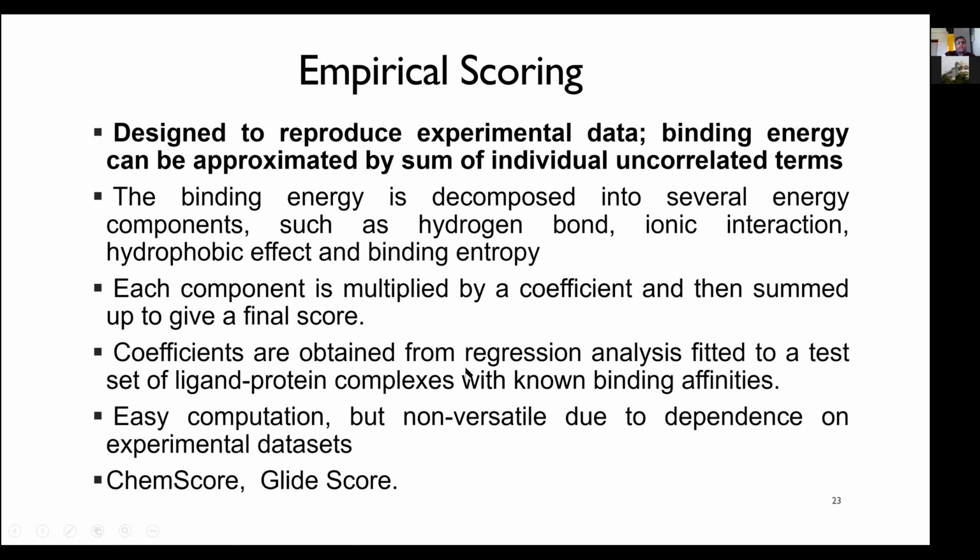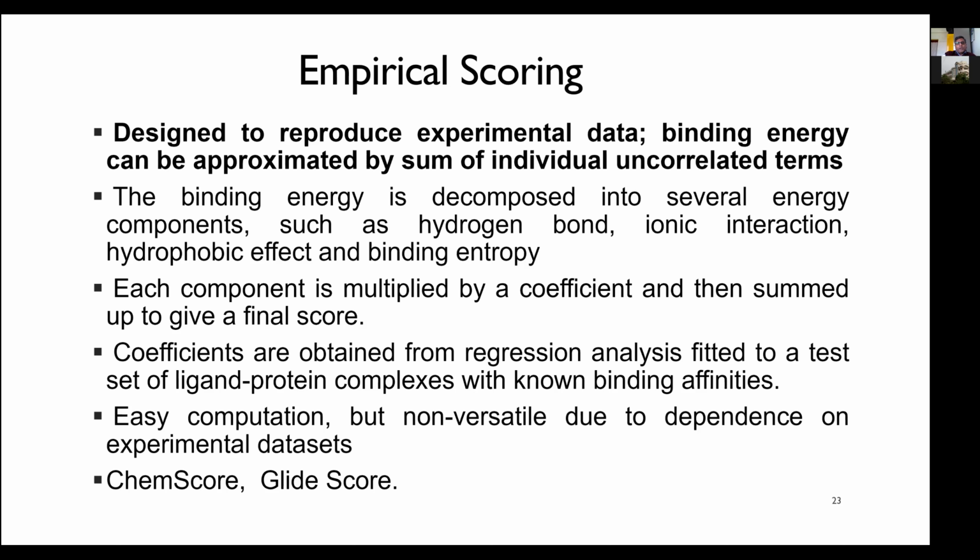Okay, and the empirical scoring function. Now, you know what all the factors relevant for binding are. For example, hydrogen bond interactions, ionic interactions, hydrophobic interactions, and binding entropy. All these components will be represented by some parameters. These parameters will be given a coefficient, and this coefficient is calculated from experimentally determined complexes.